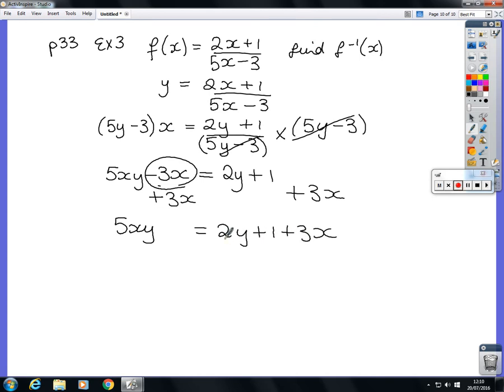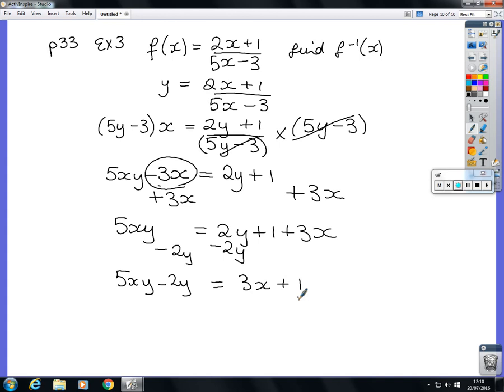Now 2y, we'd like to have that on the left, so we subtract 2y from both sides. 5xy subtract 2y equals 3x plus 1 on the right hand side.